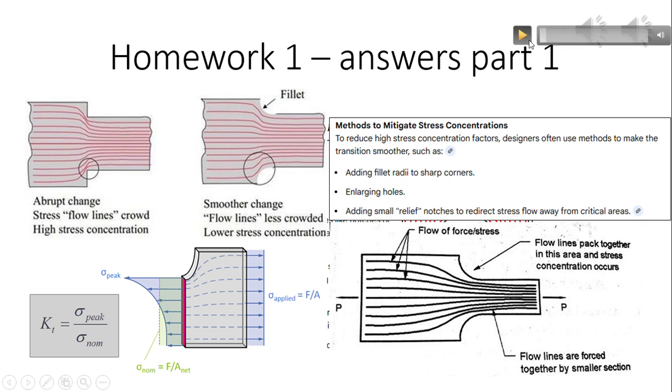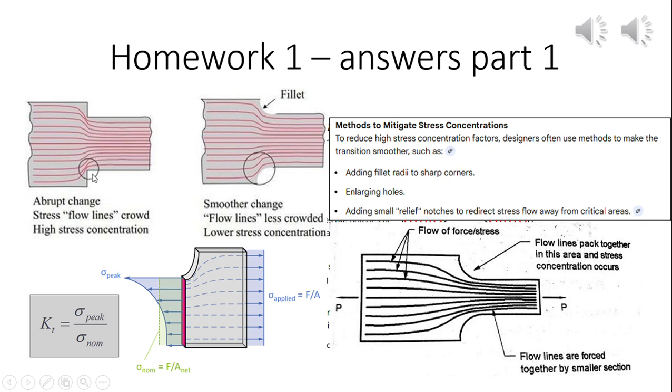So, methods to mitigate stress concentrations. To reduce high stress concentration factors, designers often use methods to make the transition smoother, such as adding fillet radii to sharp corners, like you see in the picture at the left.